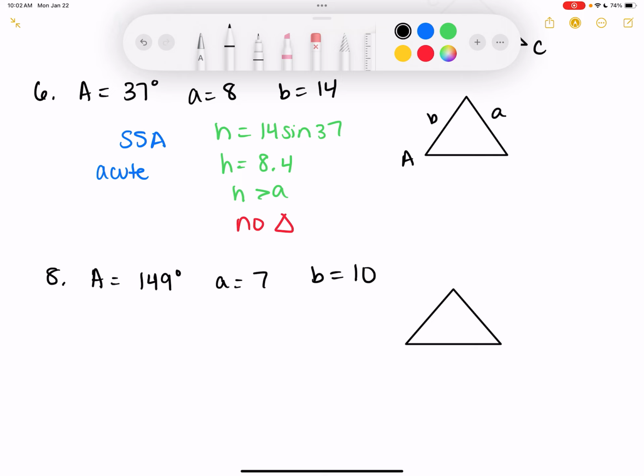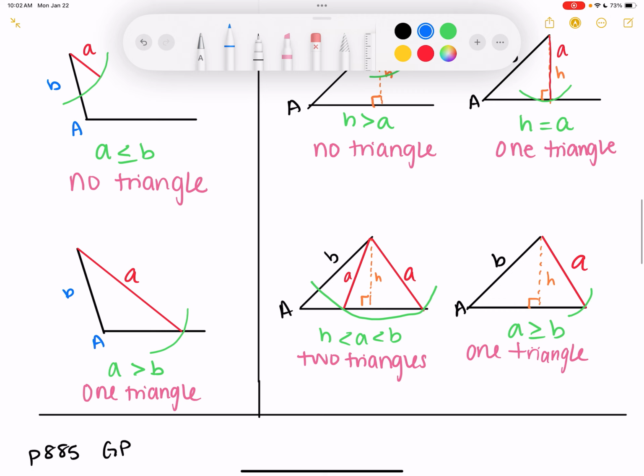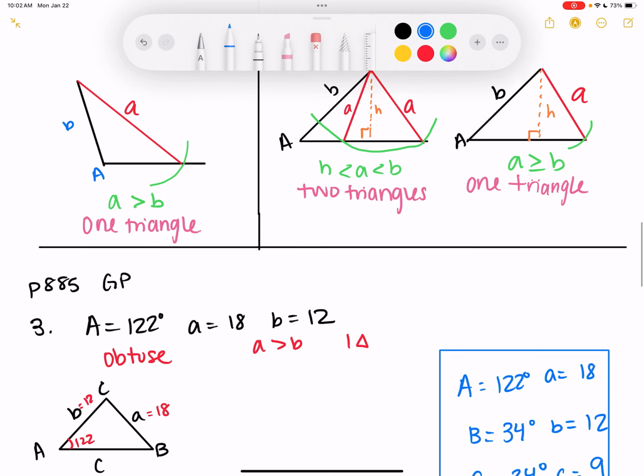So I've got side A, side B, angle A. What am I looking at next? It's obtuse. So I need A compared to B. A is less than B. So that means no triangle.